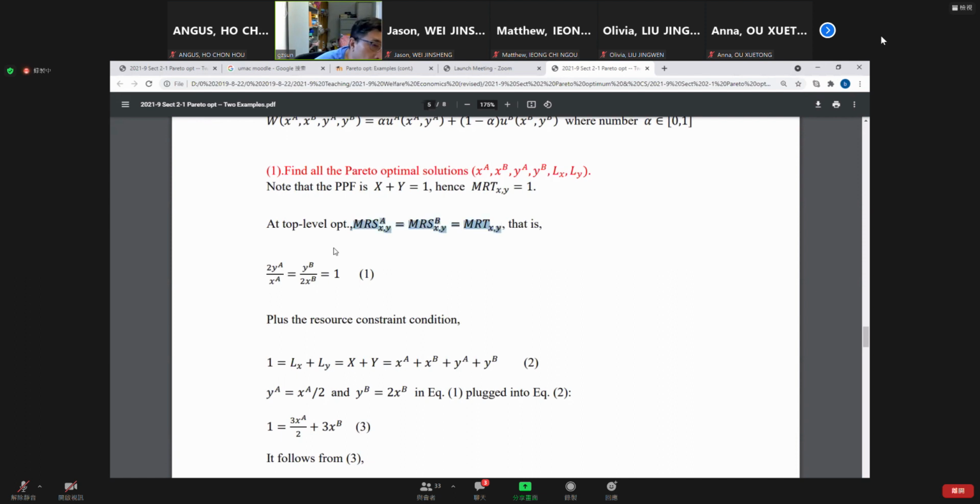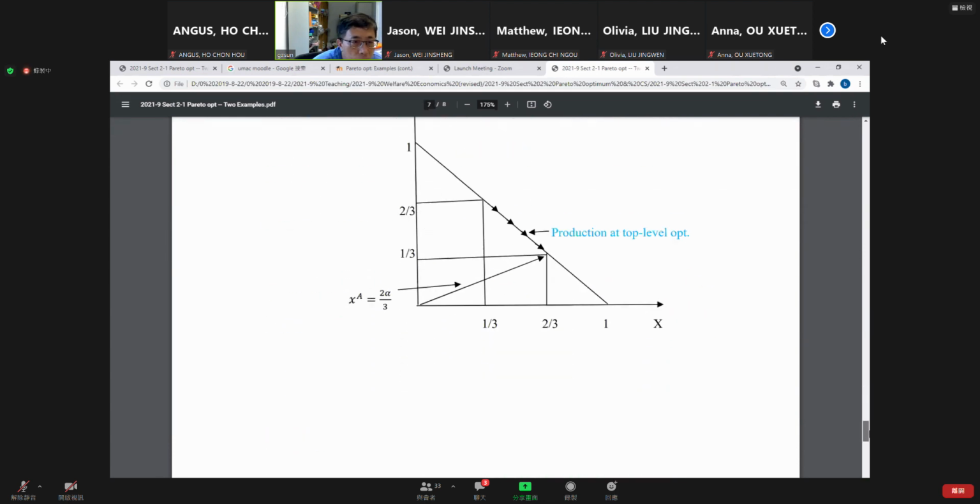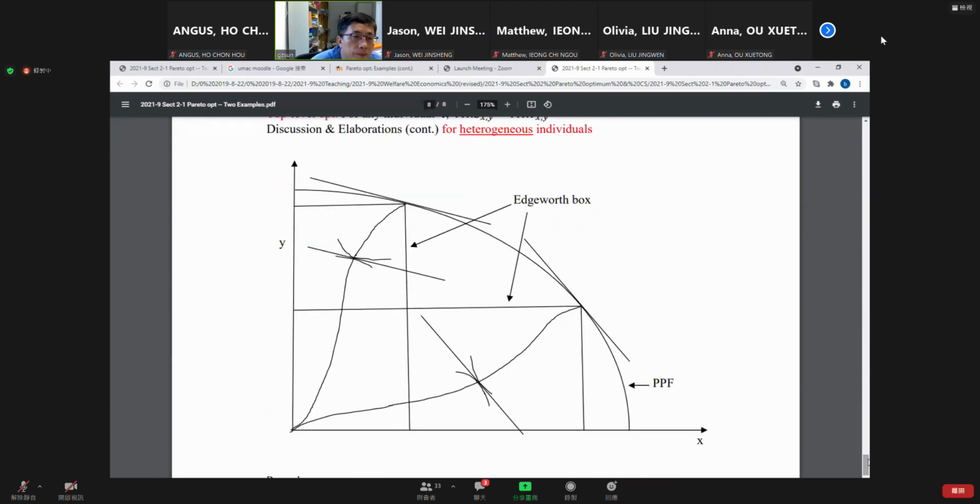At the top level, the marginal rate of substitution of everybody equals the marginal rate of transformation at a society level. And that is here. This is the PPF. But in our example, this PPF becomes very simple because it becomes a linear function.